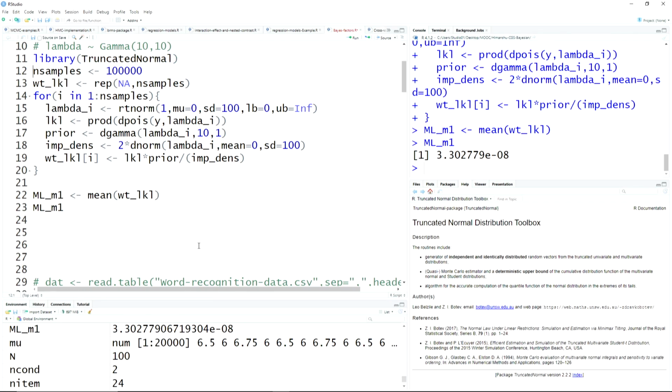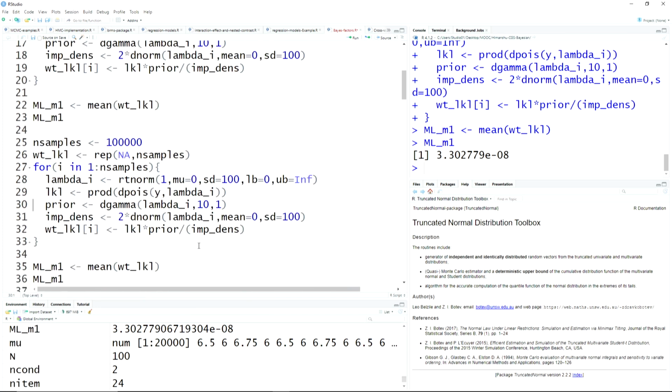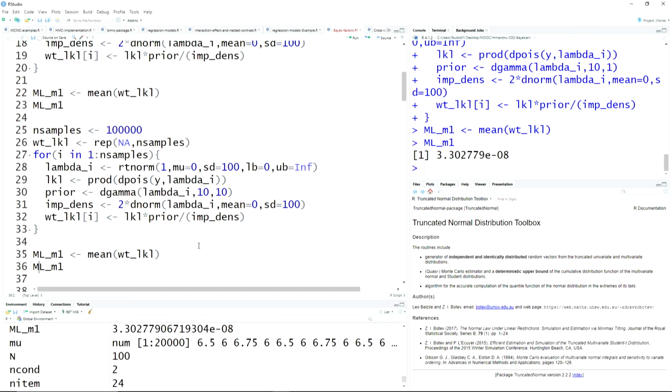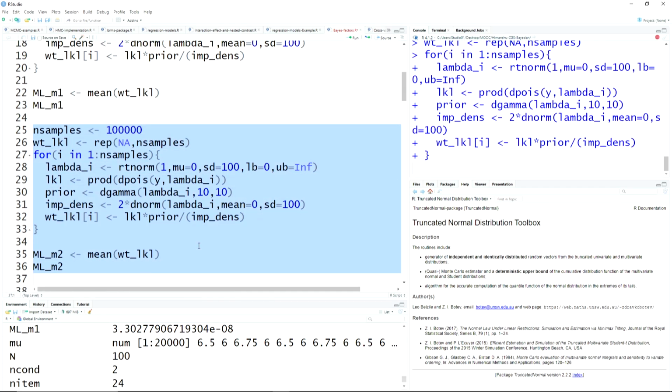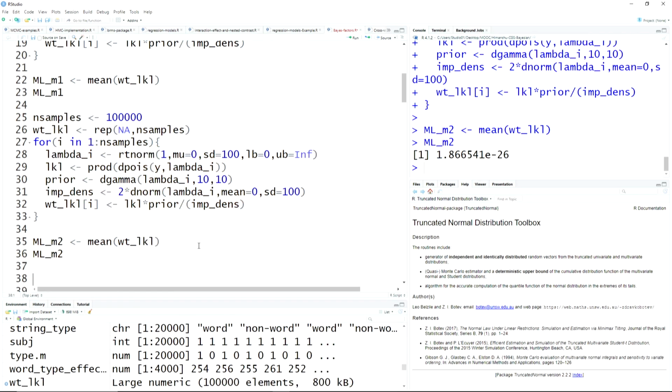Now, let us calculate the same for model 2. Everything else would remain the same. The prior changes for model 2, the prior is different. It's dgamma of lambda i, 10 5. This would be the marginal likelihood for model 2. Now, let us calculate Bayes factor for model 1 compared to model 2.